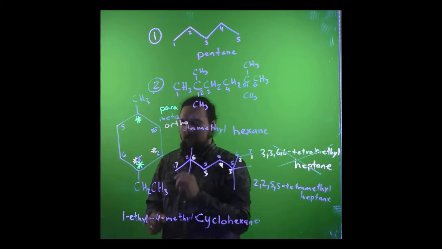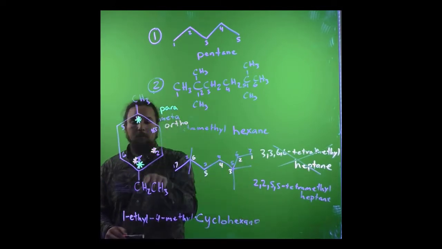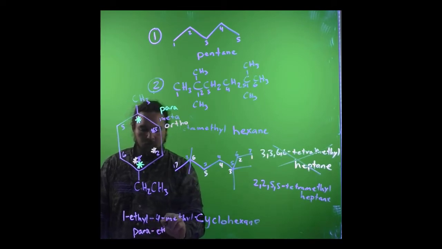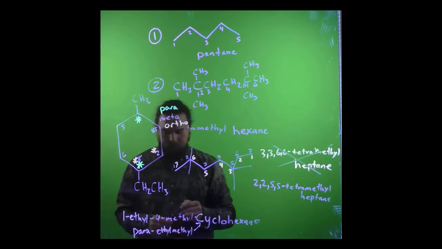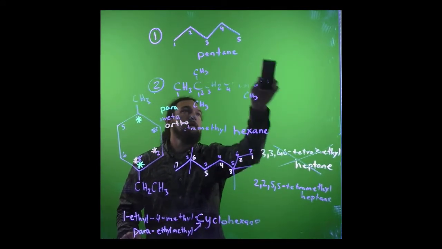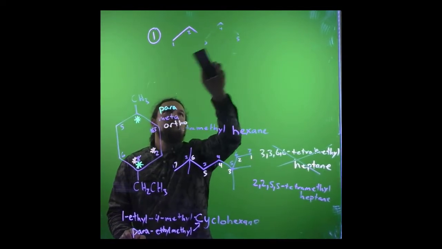So using these common names, we could have also called this compound here para-ethylmethylcyclohexane.